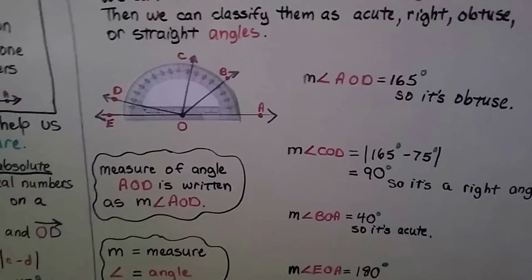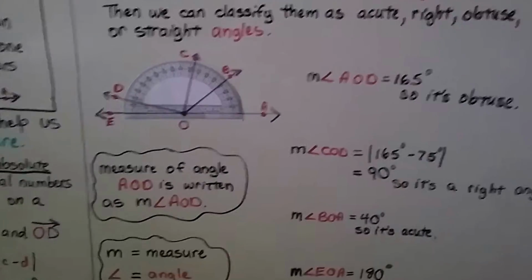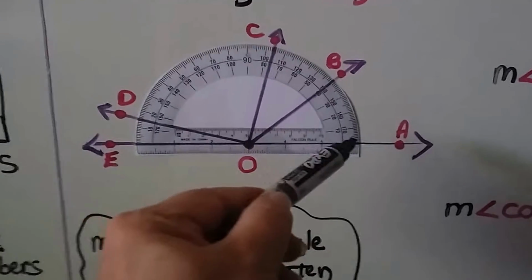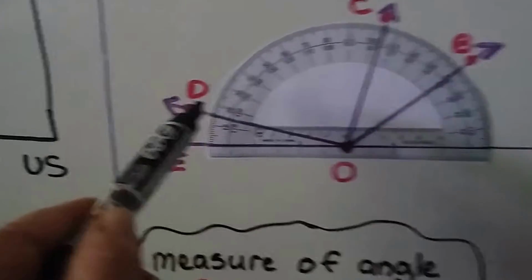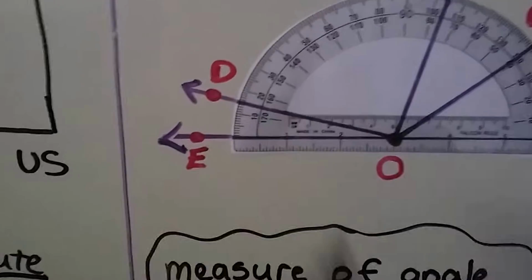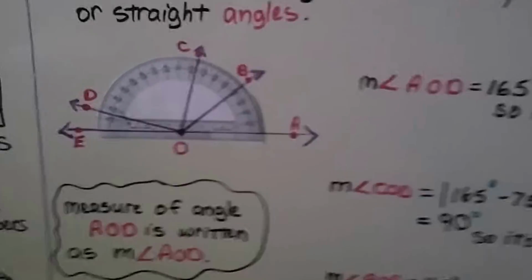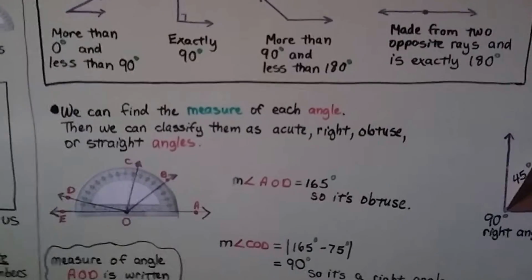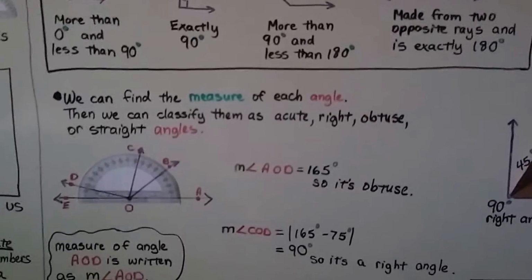So the measure of angle AOD is 165 degrees. We're starting at this line here, and we look over here, and we see that it's in between 160 and 170. It's 165 degrees, and by definition, it's more than 90 and less than 180, so it's obtuse.